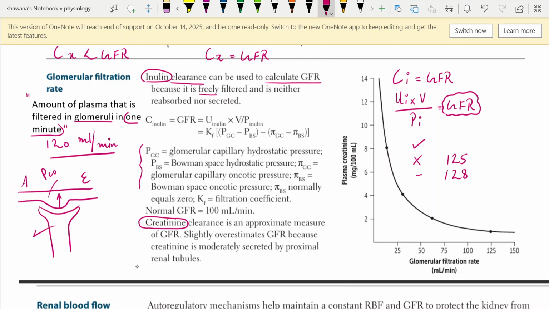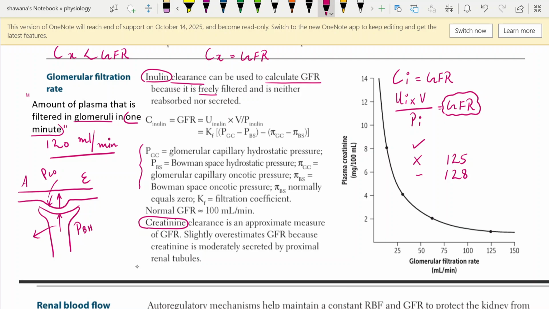Are there no forces present in the Bowman space? No, there are. There is the Bowman's hydrostatic pressure. It exerts an outward force, because in the capillary, the capillary hydrostatic pressure was also exerting an outward force. So Bowman's hydrostatic pressure is the opposing force.